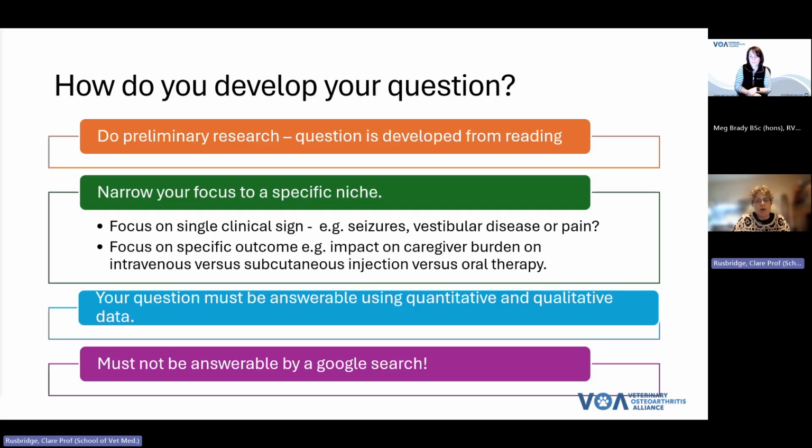So this can be, for example, animals that are eventually needing pain relief. I would say that's a bad outcome because that depends on the owner bringing the dog to the vet for that medication. You could look at doing a much more specific outcome.